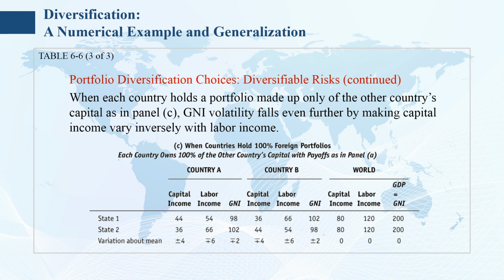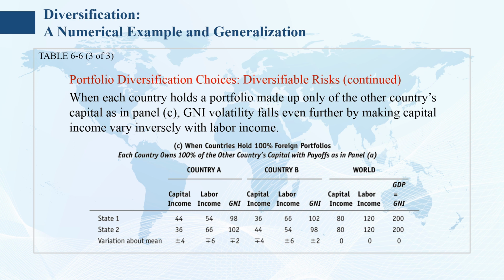In State 2, A's income rises to 102, and the factor gains rise to 66 units for labor and 36 units for capital. The opposite is true in B. In State 1, B's income is higher than it is in State 2.